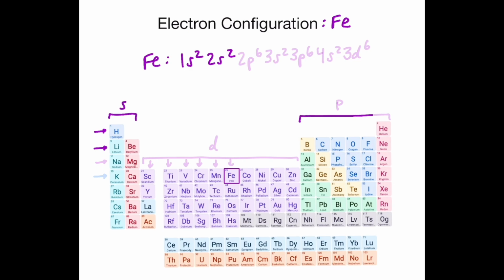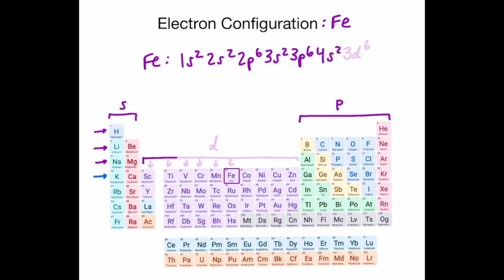And then going over on the right-hand side of the periodic table, we have the P block. So we have 2p6. Then going to energy level 3, we also have a full shell here. So 3s2, 3p6. And we're going to finish in our fourth energy level, where we have 4s2.